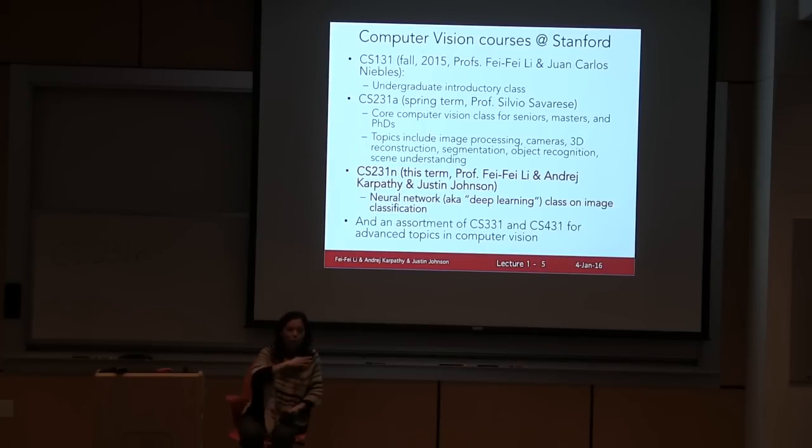That is the more general class. 231N, which we'll go into starting today more deeply, focuses on a specific angle of both problem and model. The model is neural network, and the angle is visual recognition mostly. But of course they have a little bit of an overlap, but that's the major difference.